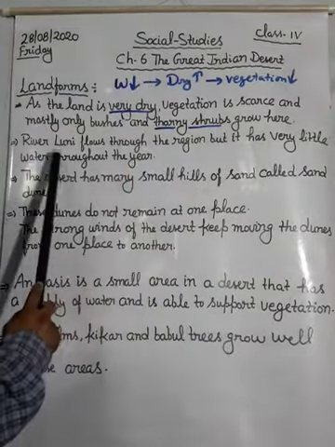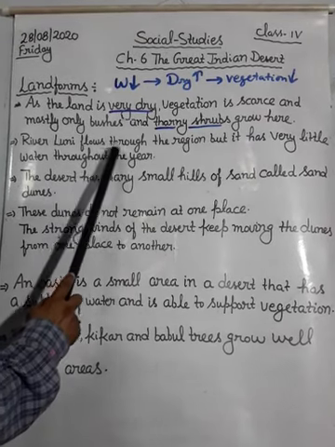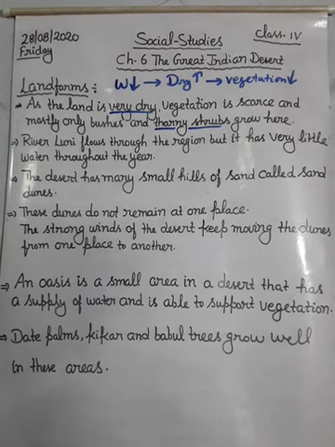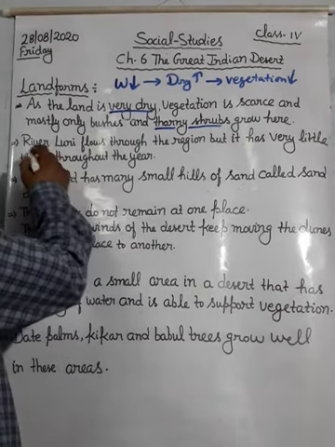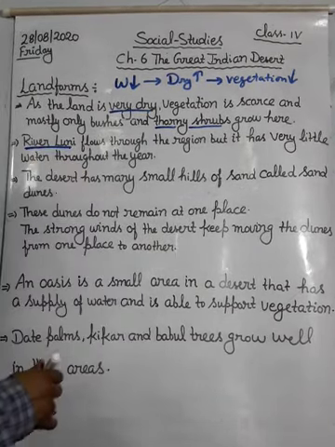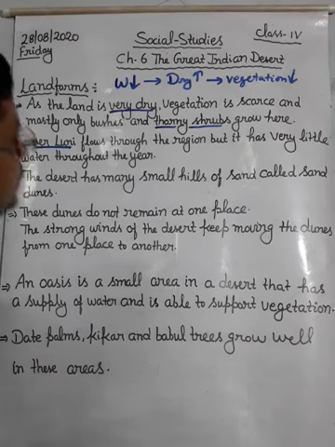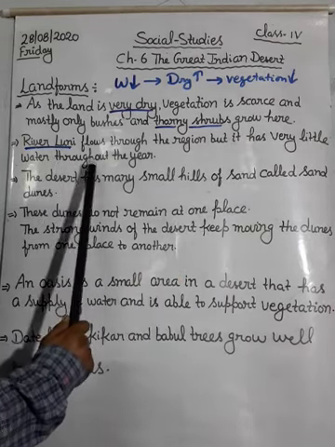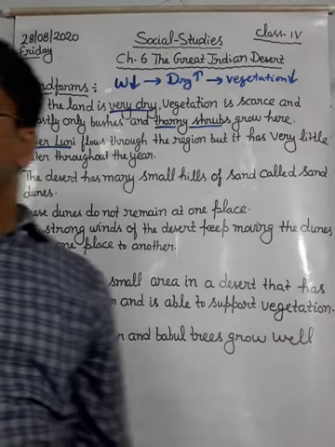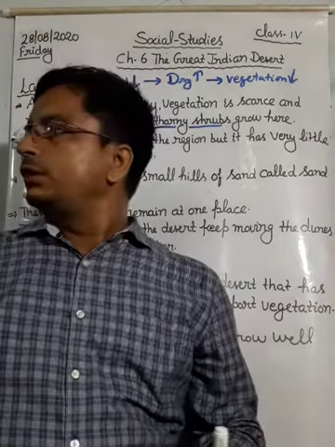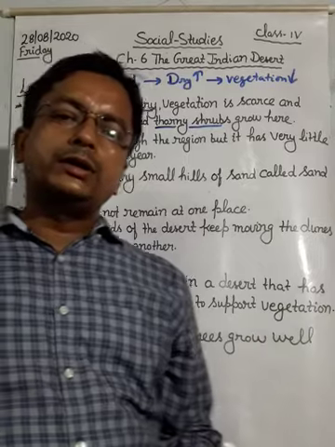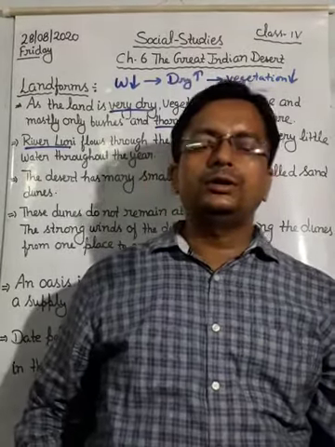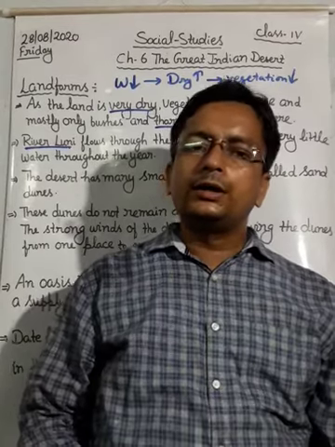River Luni flows through the region, but it has very little water throughout the year. Yes, student, the famous river of the Great Indian Desert is River Luni, and in River Luni there is very little water.